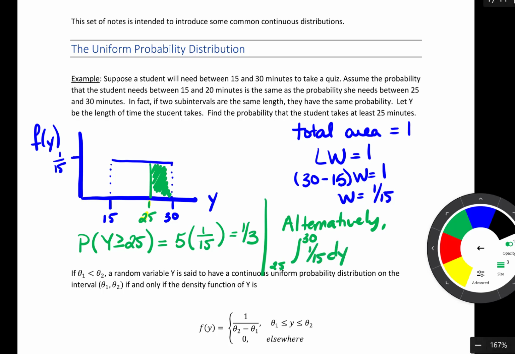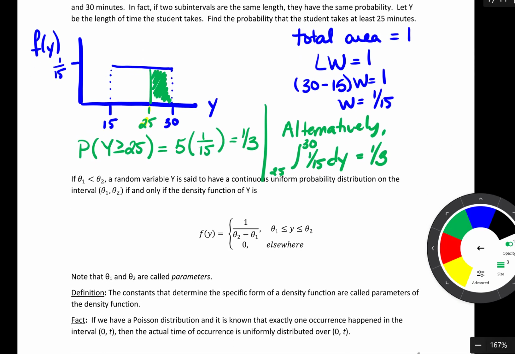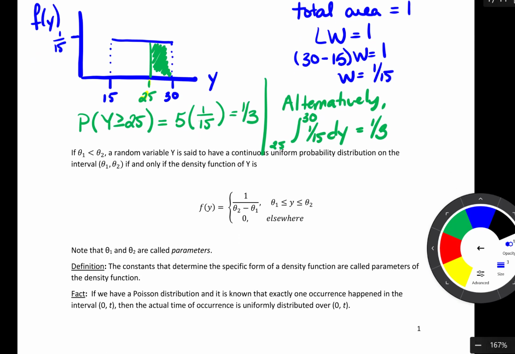If you go through and do this integration, you'll find that this is equal to 1/3. If we wanted to write out what f of y was for that example, we could say that f of y is equal to 1 over 15 when y is between 15 and 30, and 0 otherwise.